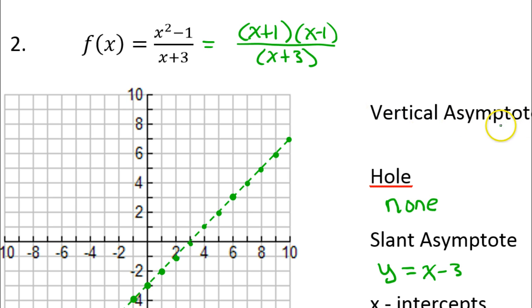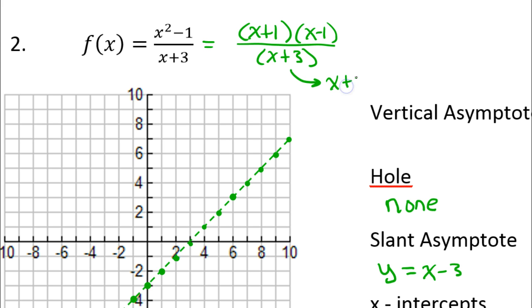Now I can move on to the vertical asymptote. It's important to check for holes before you do the vertical asymptote, because if something cancels out, then it's not a vertical asymptote. It's a hole instead. But nothing canceled out. So now I can look for vertical asymptotes, and I know that when it comes to vertical asymptotes, I should be looking in the denominator. Here's where my vertical asymptote will come from.